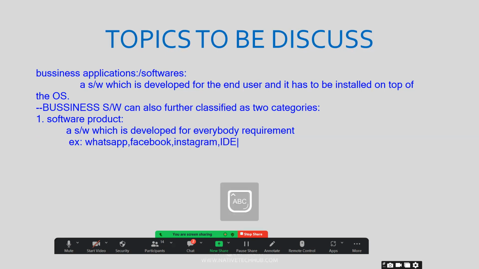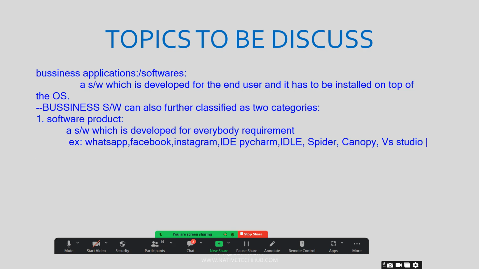Even integrated development environments like PyCharm, IDLE, Spyder, Canopy, VS Studio are all software products. They would be available for the end users, just installed and we can make use of them. Whatever background you have, you should be able to utilize them. All such are called software products.